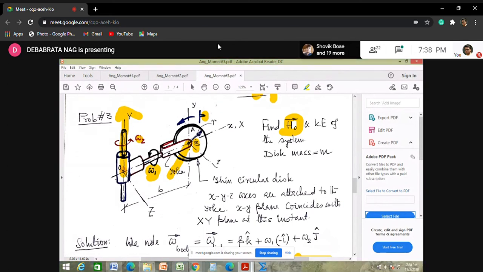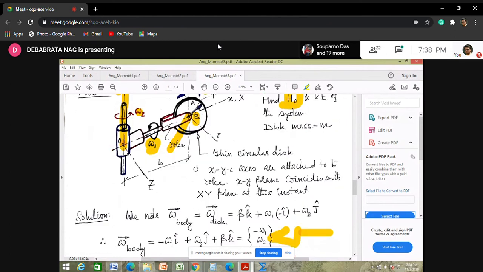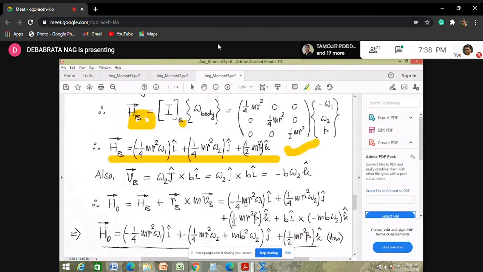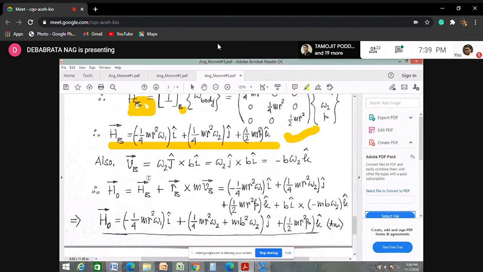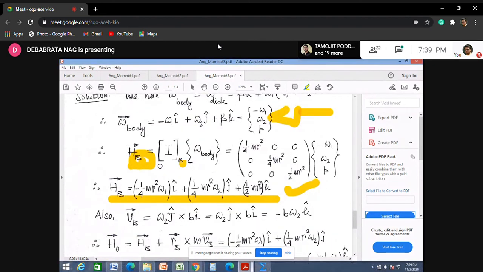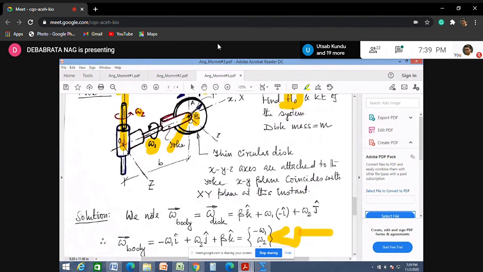And then of course you will be having this omega 1, but sorry, I didn't notice it, this omega 1 is actually passing through point B. So point B is on the omega 1 axis. So the entire motion of B will be due to this omega 2 only.